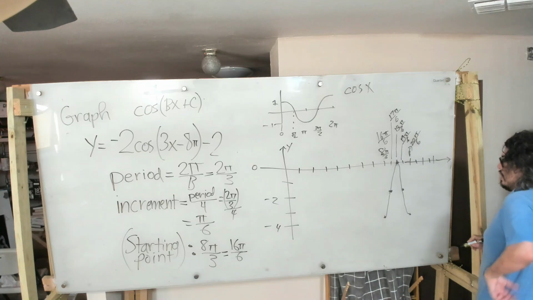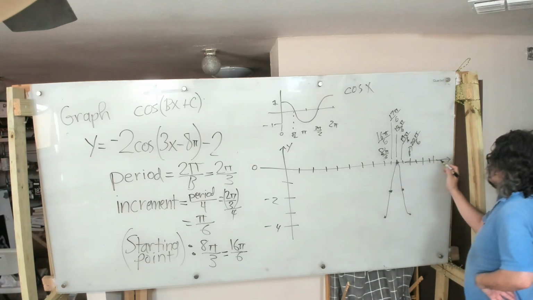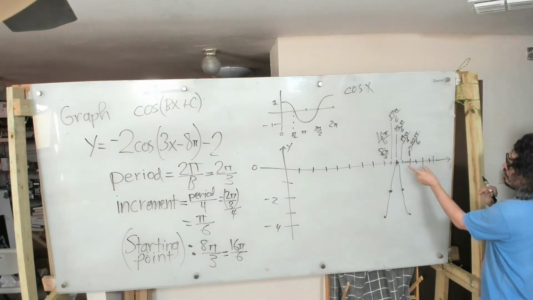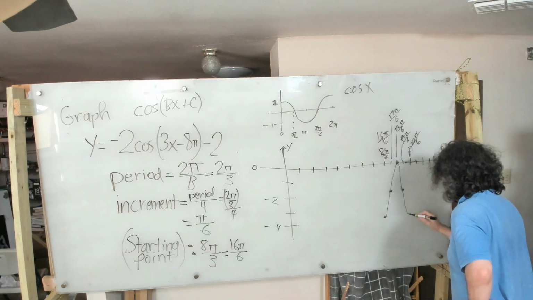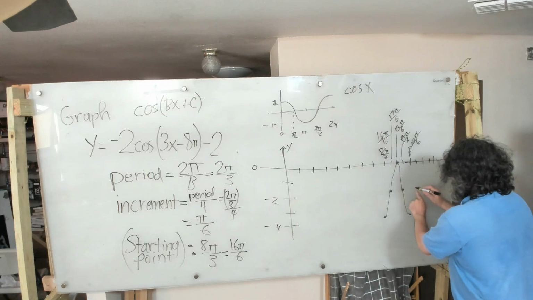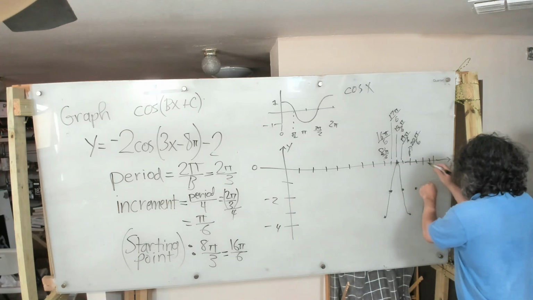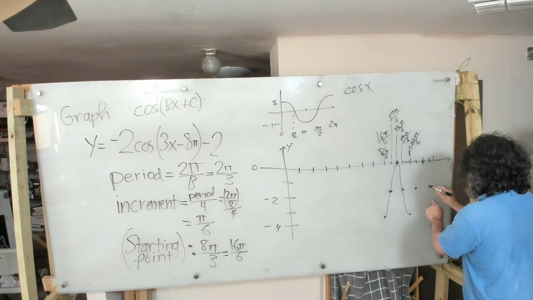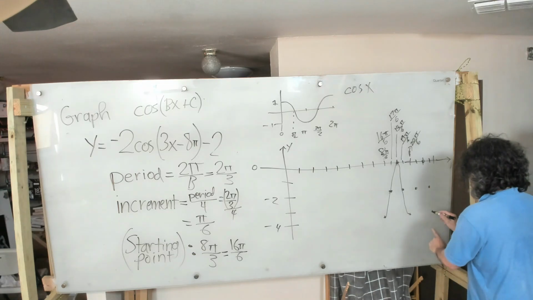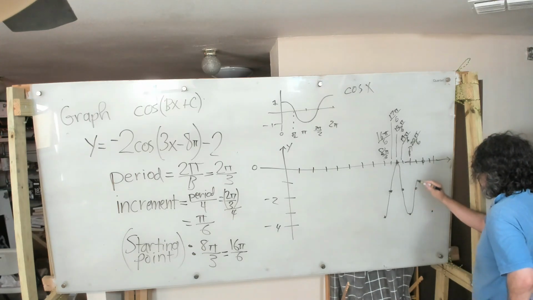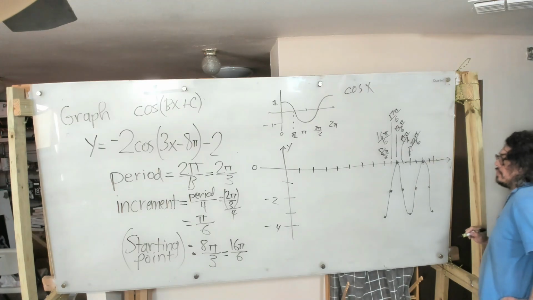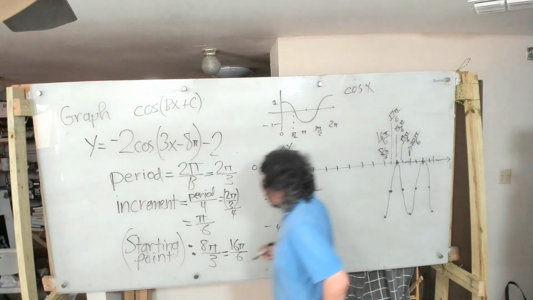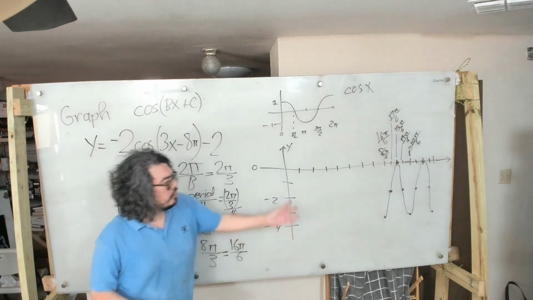Very nice. Okay. And of course, in this part, these thirds are sliced into sixes, so I can do another period right here real quick. Like this. Like that. Okay. So there we have it.